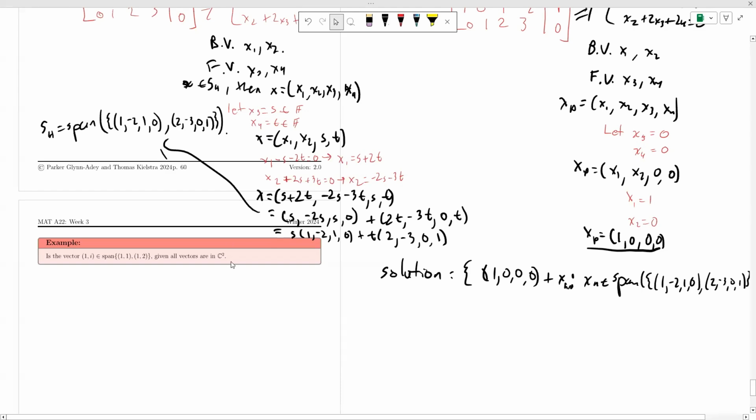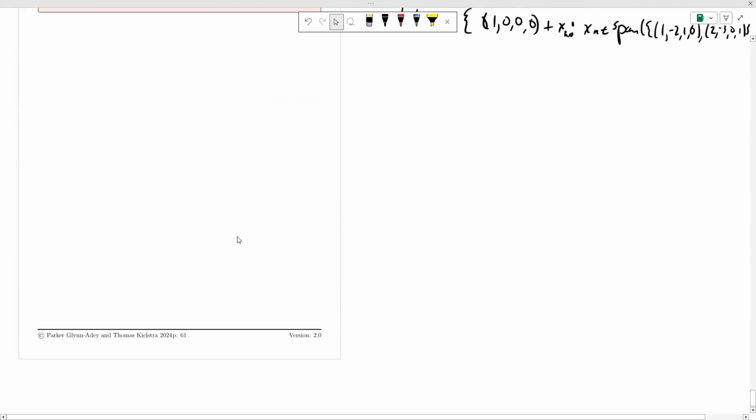The last thing we're going to look at is an example where we don't have a solution. And we're going to look at 1, 2, 3, 2, 4, 5.